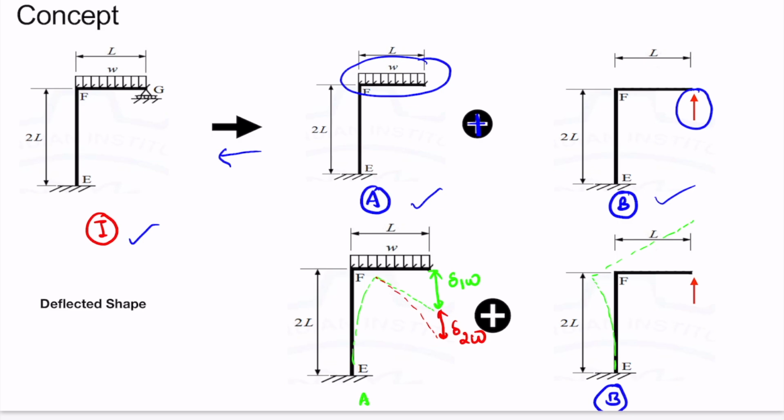Again, due to this point load, the beam will deflect like this. So in all, the structure will have two deflections. Let us call one delta 1R, and the other deflection delta 2R.